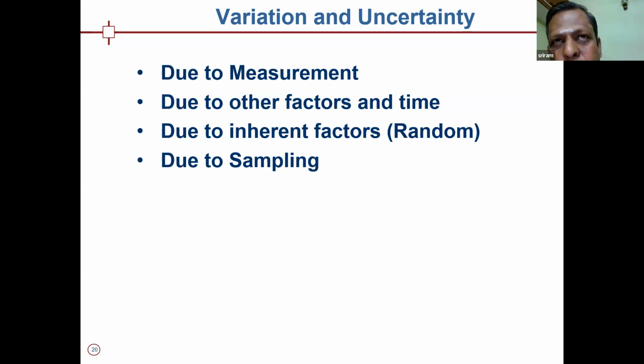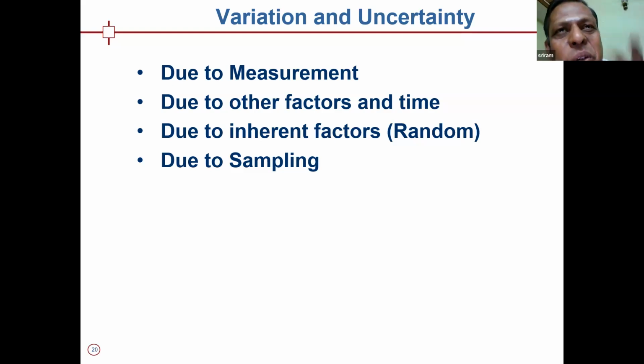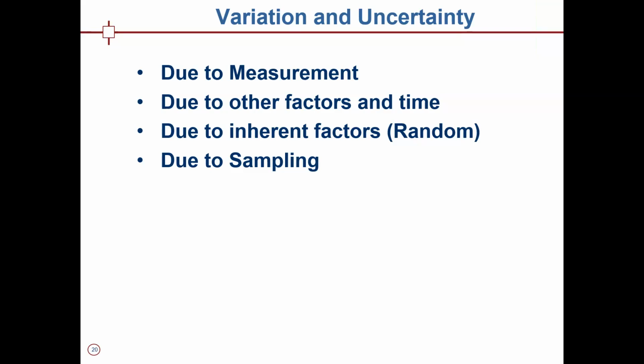If the sample is not a correct representation of the population, or if your sample size is very small, then this variation will be high. So you have to ensure that the variation between the sample and the population you want to generalize to is minimum. That is why statistics helps you to ensure that, or based on that variation, it tries to quantify the uncertainty.